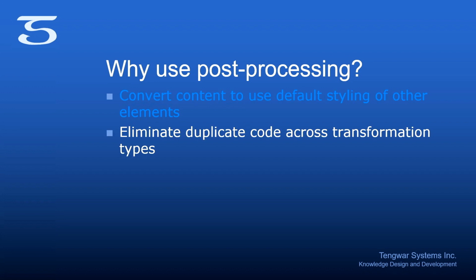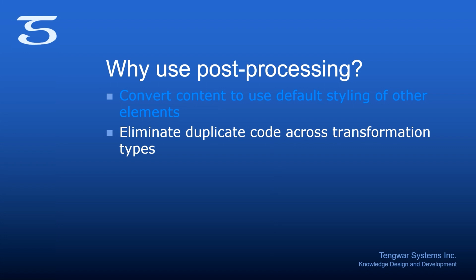The obvious one is to eliminate duplicate code across transformation types. Often, if you don't do this, you end up having to create similar code for your PDF outputs and the HTML outputs.